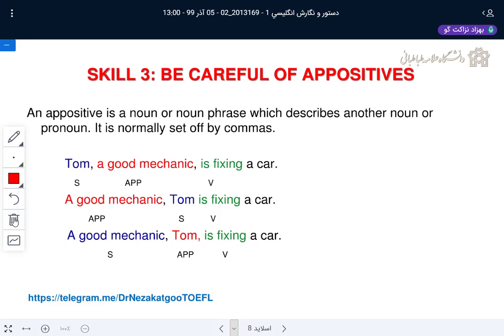It is non-essential for actually the person who knows him. Okay? If sometimes there is no comma and 2 nouns are there, and this noun is short, it is 1 word, in that case we say it is an essential appositive.